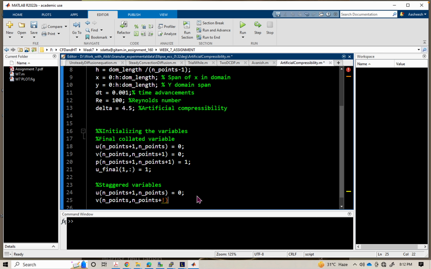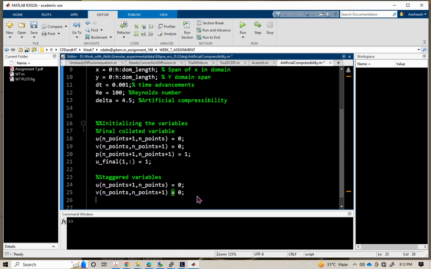Similar way, we'll go further, which is also equal to 0 in the starting, and similarly P pressure, which is staggered pressure.